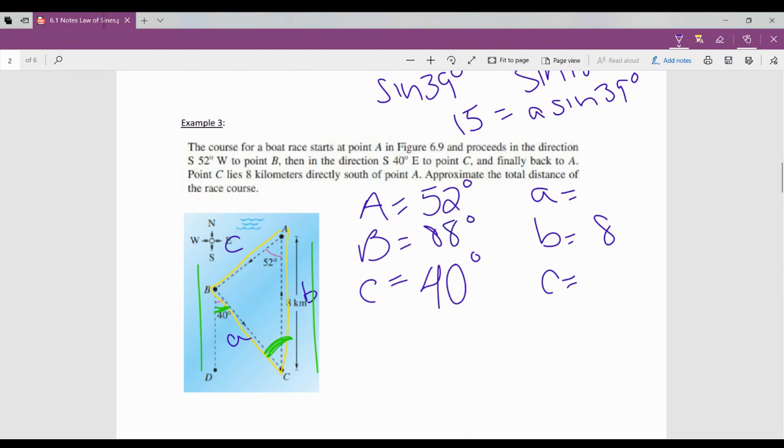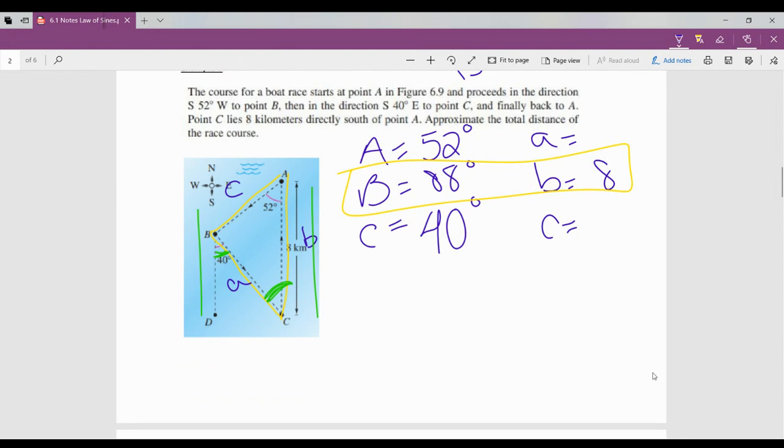Now we have our pair. We have B, so we're going to start out with that. We do 8 over sine of 88 equals, and I need to find all of the side lengths to find the distance of the course, so A over sine of 52 degrees.